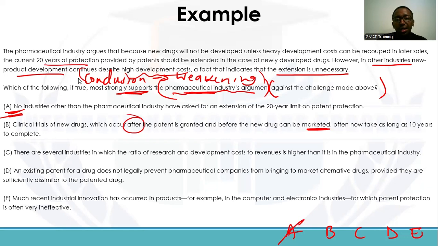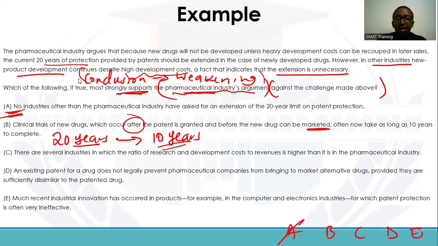So it often takes as long as 10 years to complete. So remember, the protection is 20 years, and sometimes you can only sell the drugs after 10 years. So you only have 10 years of patent protection to sell your drug.